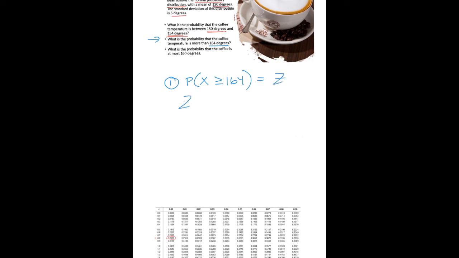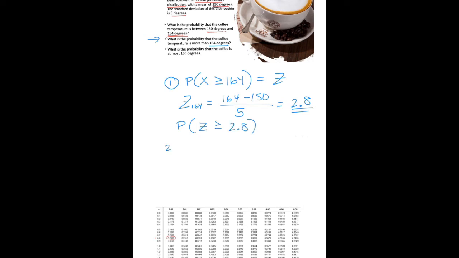The z of 164 is going to be 164 minus 150 divided by our standard deviation of 5, which gives us a z-score of 2.8. So now, second step, let me rewrite this into a z statement. In terms of x values, we're looking for x being greater than or equal to 164. Now in terms of z values, we're looking for the area greater than or equal to 2.8.